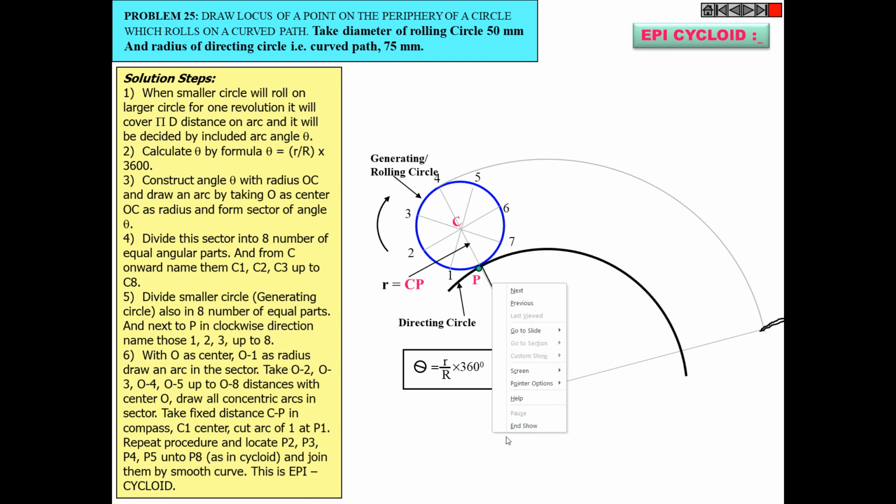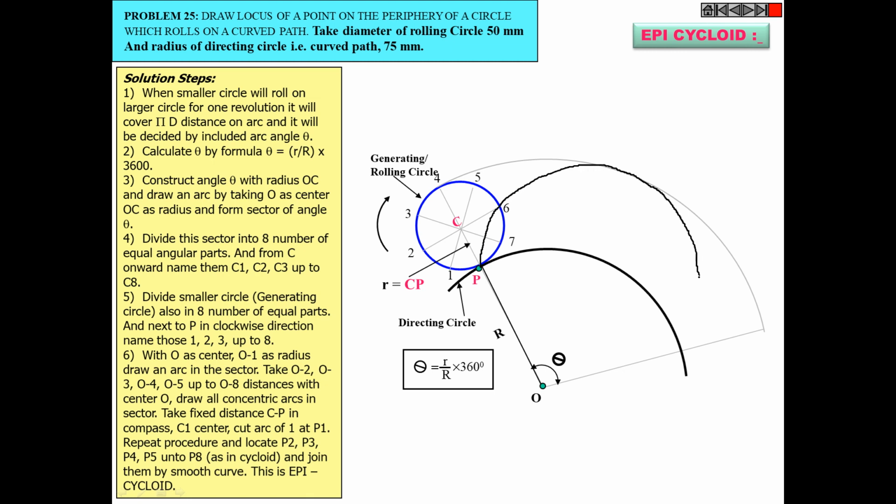Okay, any doubt so far? No, sir. Okay. Fine. Now within this envelope, you will get your epicycloid. That means the boundary of the epicycloid is this; within this envelope you will get your epicycloid like this.